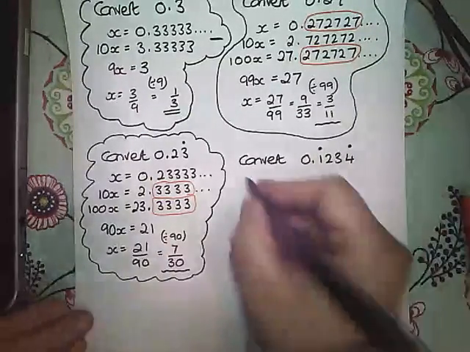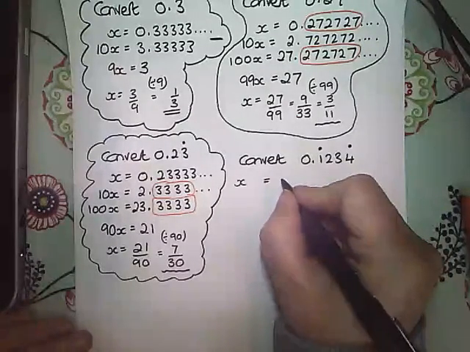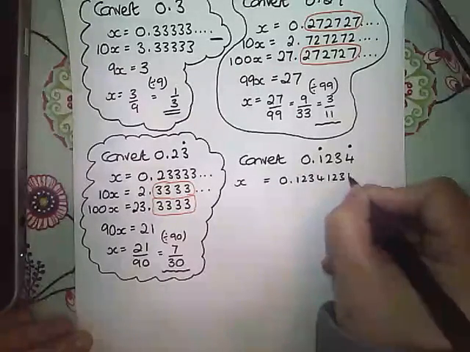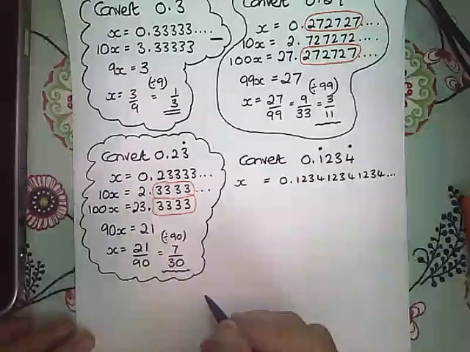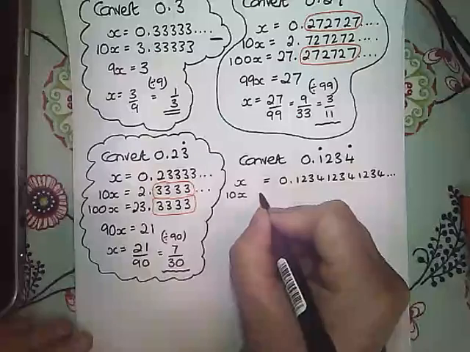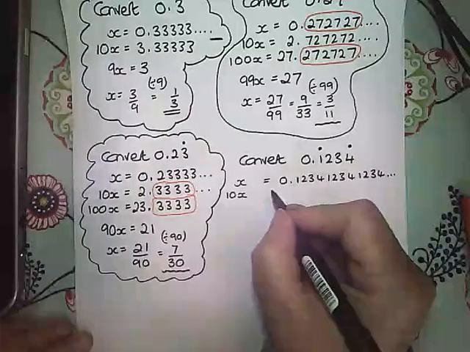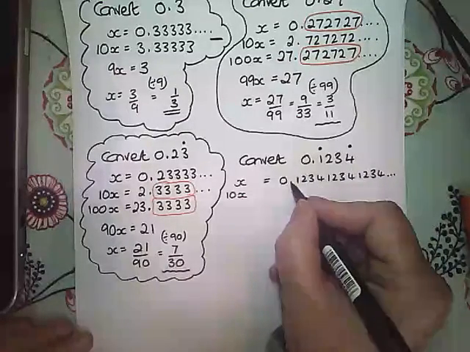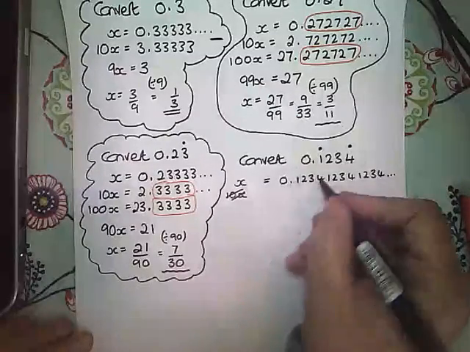Write down my x is equal to 0.1234 1 2 3 4 1 2 3 4. So we're looking for that pattern to repeat. 10x isn't going to help us because that would just make it 1.234. 100x isn't going to help us. 1000x isn't going to help us. We're going to have to times by 10,000.